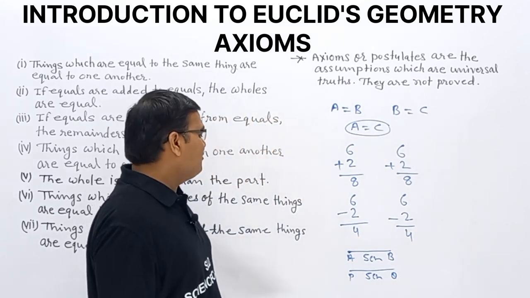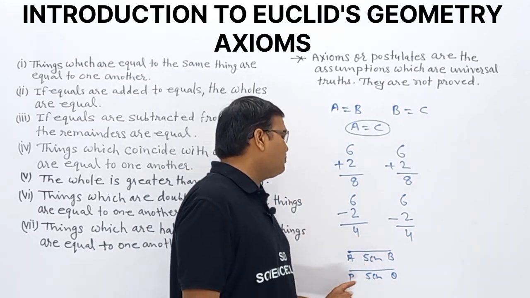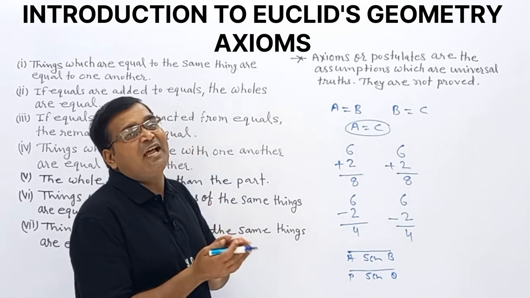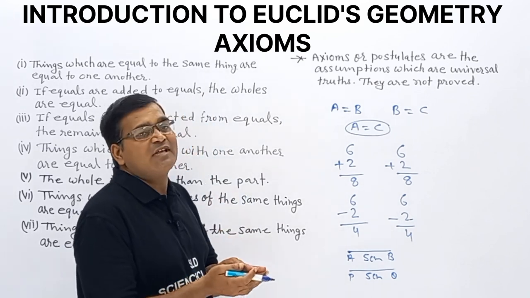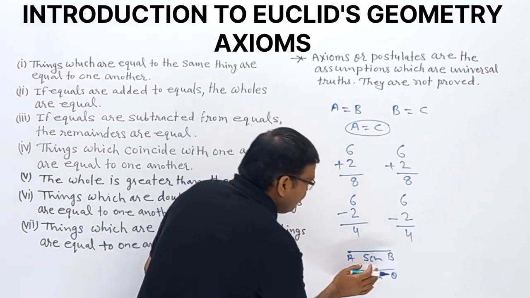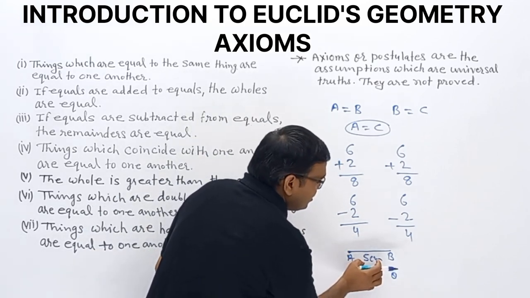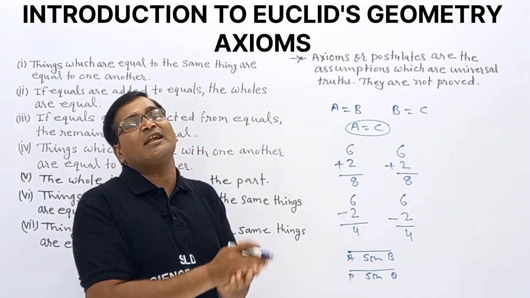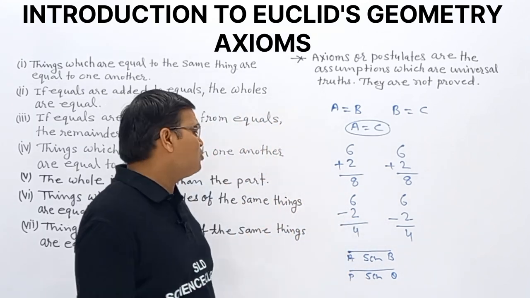Two lines, AB equal to 5 centimeters and PQ equal to 5 centimeters. Once both lines coincide, they overlap. Once we take this line and put it on AB, they are overlapping, and this overlap is called what?